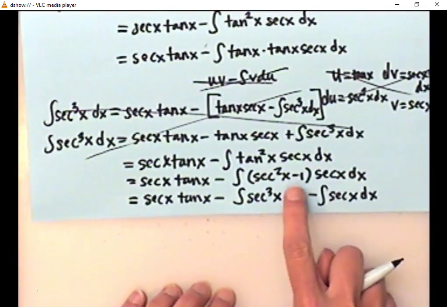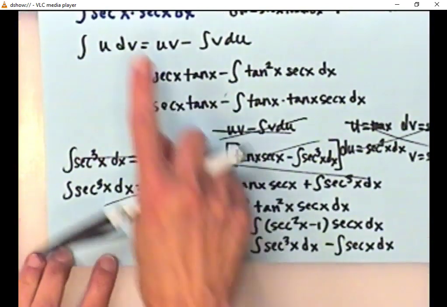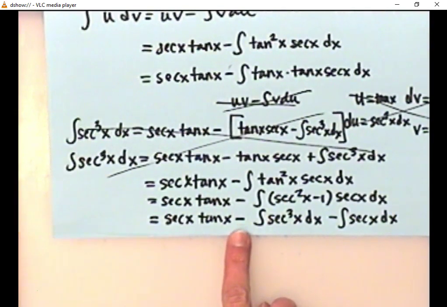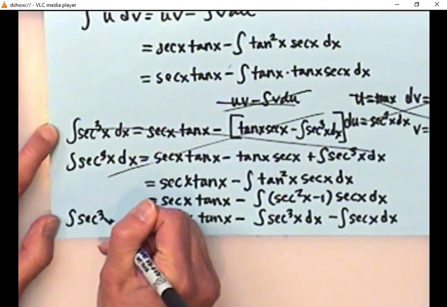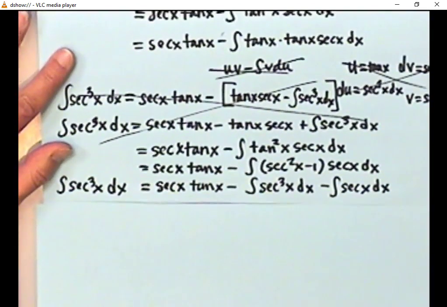I'll have secant cubed minus secant. Is this better? Right. Notice we still got back what we started with, but what's in front of it is now a negative. This is much better. So I think now I will be able to solve this out. They won't cancel out, and I should be able to solve this, I hope, from here.